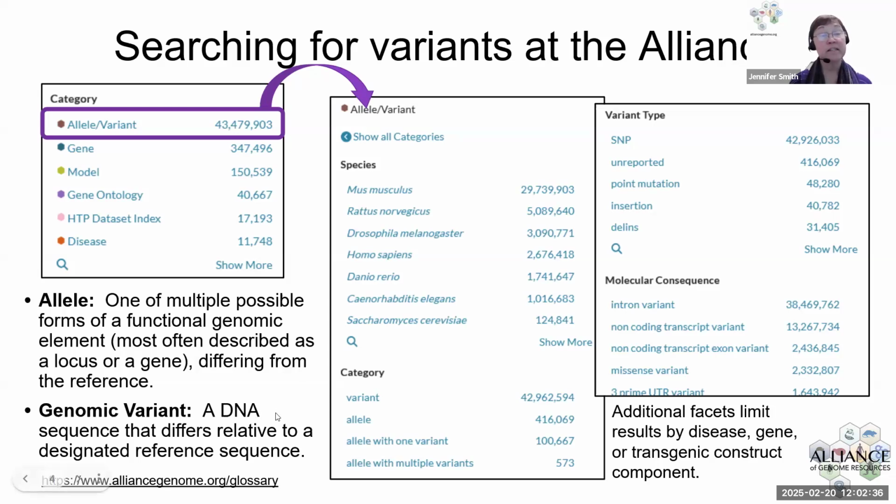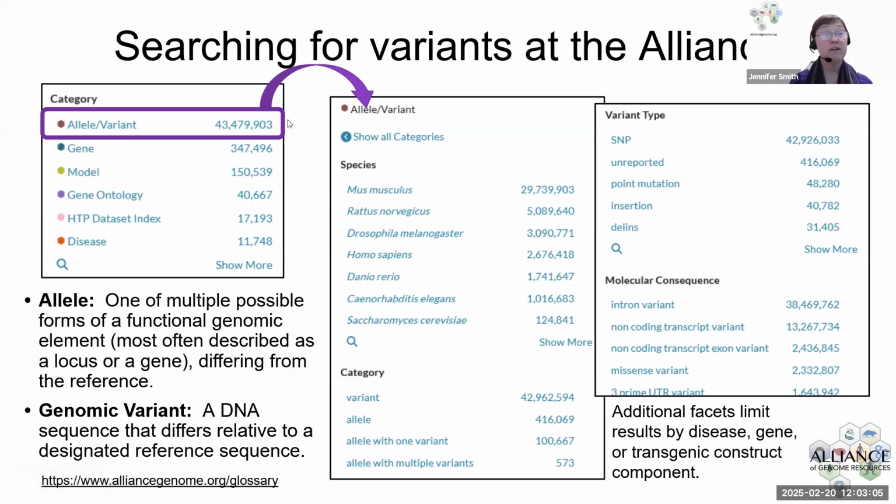And a variant is a DNA sequence that differs relative to a designated reference sequence. So in the case of all of the alleles that we'll be talking about today, they are all actually altered genes. And then the variants that we'll be talking about are DNA changes that are associated with one of those genes or overlap one of those genes.